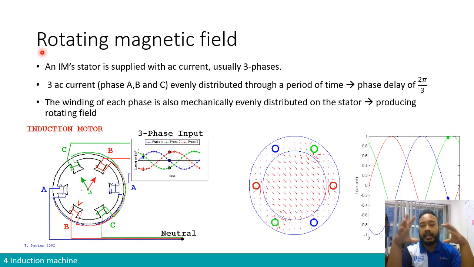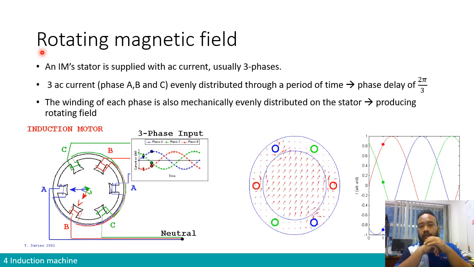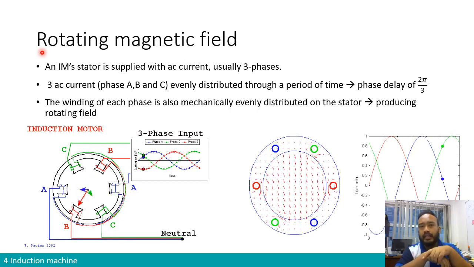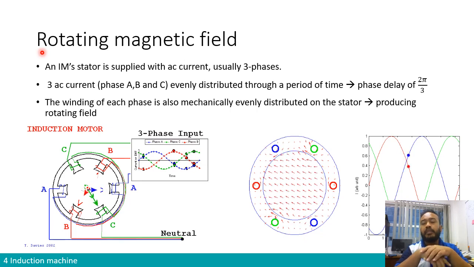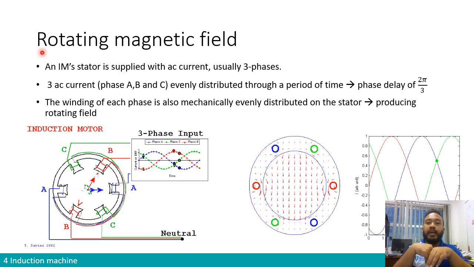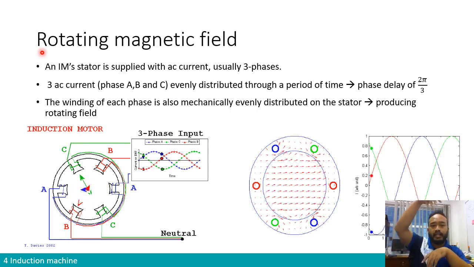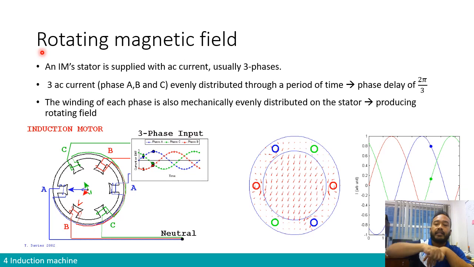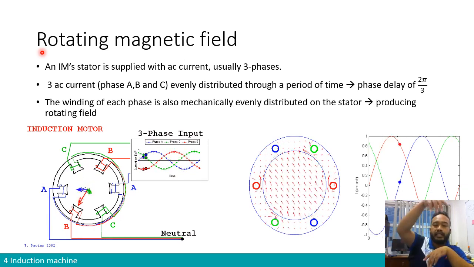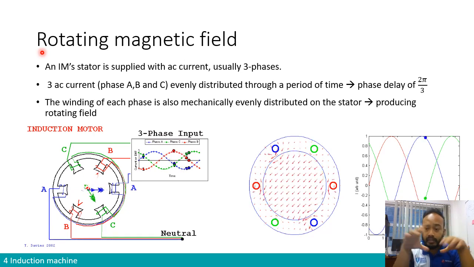So now we will begin to discuss the field that is created in the stator. The field created in the stator is not like in a DC machine, which has a constant field. For example, in a two-pole machine, one is north and one is south, and the magnetic flux or field density is in a certain direction and it is fixed, right?